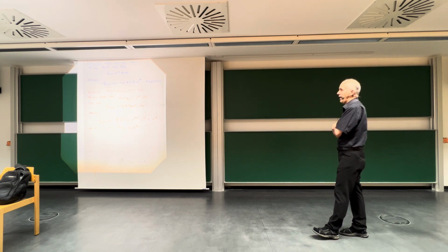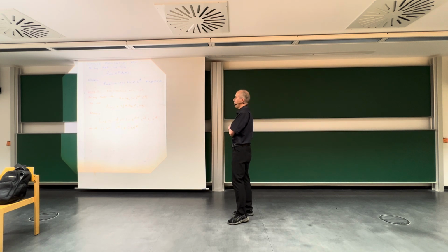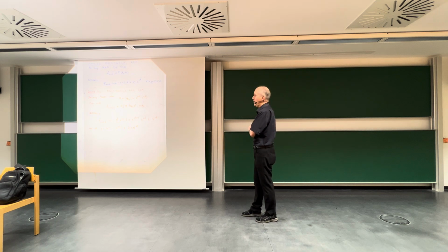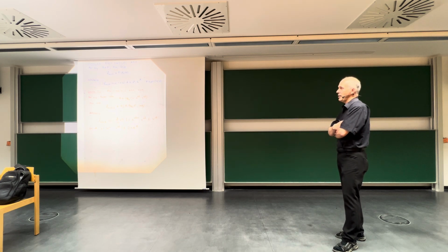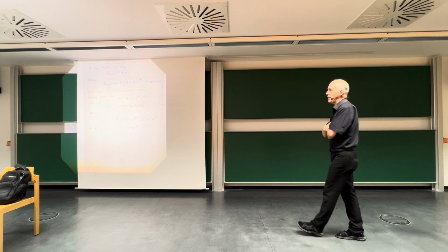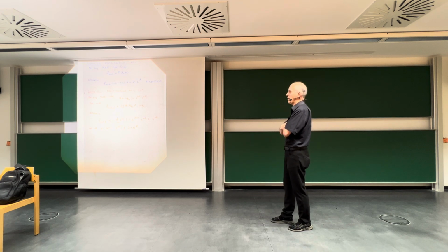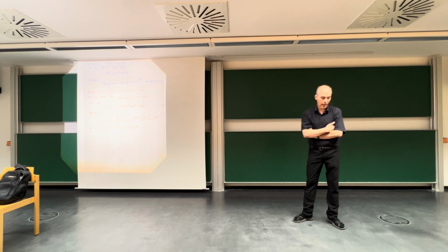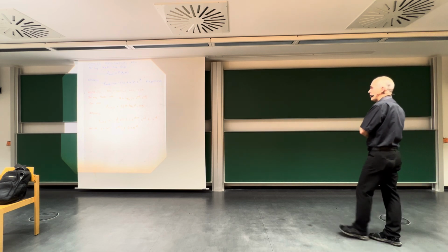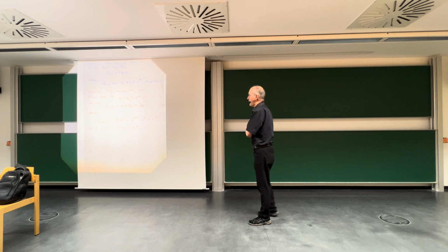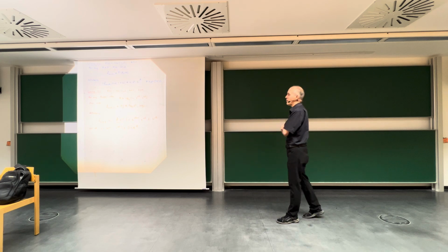And then for any r in N which satisfies the lower bound, r must be greater than the log with basis 4 of 2 times 4 to the power 2d times 8 to the power 2d, there exists a network f hat mult d, which has r times the ceiling of log 2 of d many hidden layers and 18 times d many neurons per hidden layer, such that the difference between f hat mult d of the d-dimensional vector x and the product of all its components is in absolute value less than 4 to the power 4d plus 1 times a to the power 4d times d times 4 to the power minus r.